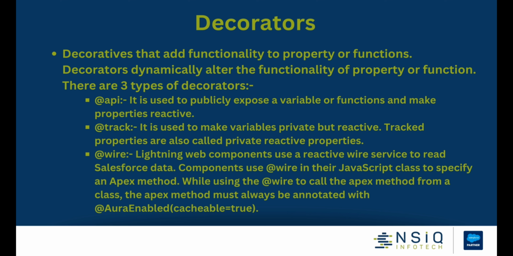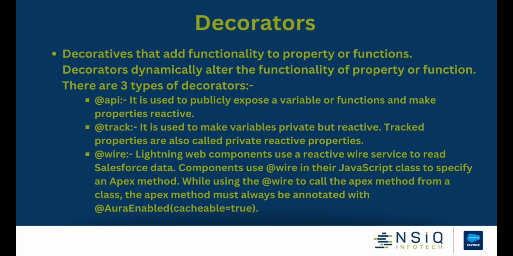Next is @track. It is used to make a variable private but reactive. Tracked properties are also called private reactive properties. So here we can say that with @track we can expose a private reactive property.